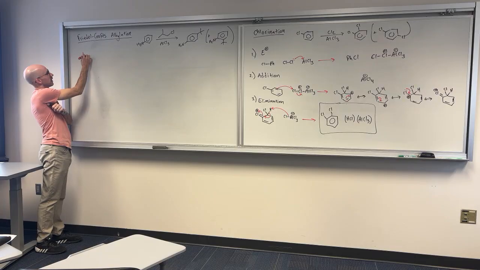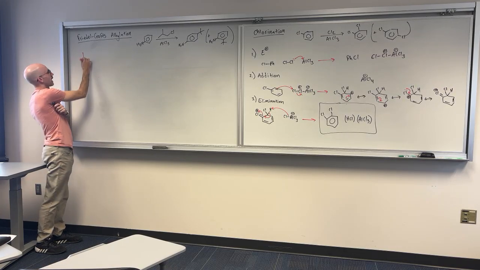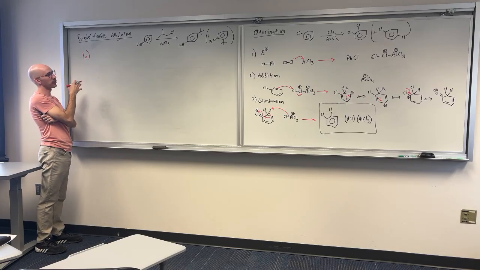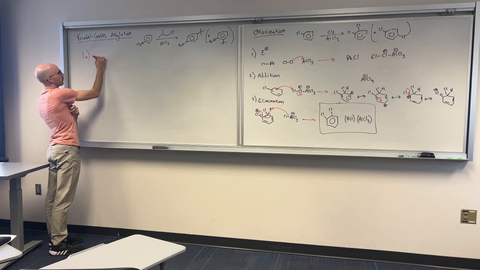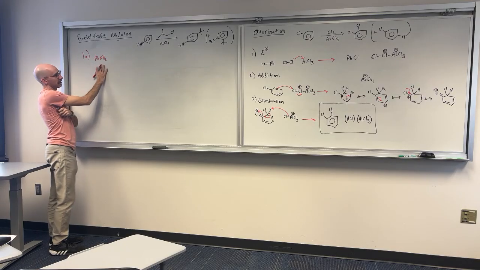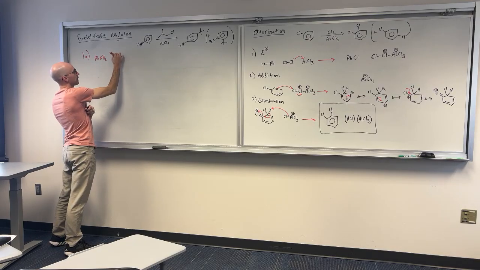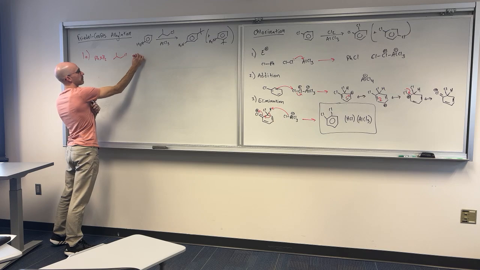So I'm actually going to call this step 1A and B, and these will both be the electrophile formation. We'll have an aniline here, but that's not going to do anything in this step.